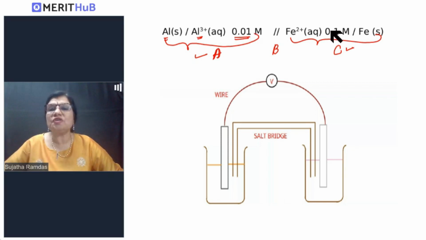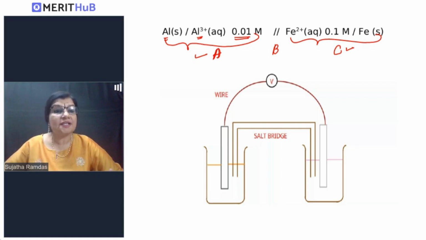The concentrations of both these solutions are different, but the temperature is maintained at 25 degrees Celsius. Only then we can use the Nernst equation, because we substituted 2.303 RT by F by taking temperature as 298 Kelvin or 25 degrees Celsius.